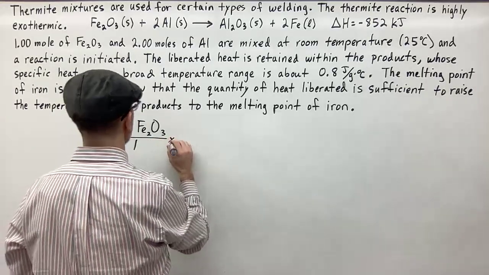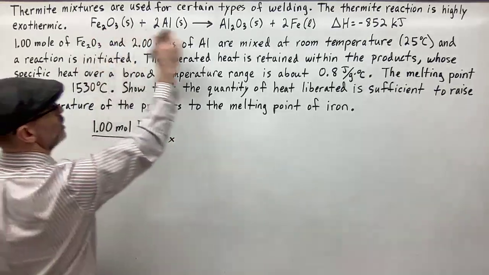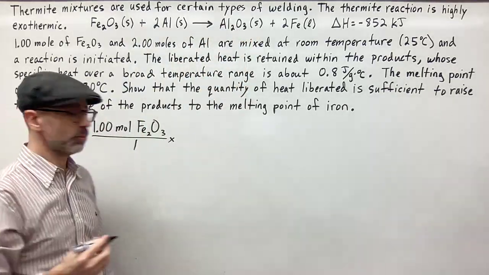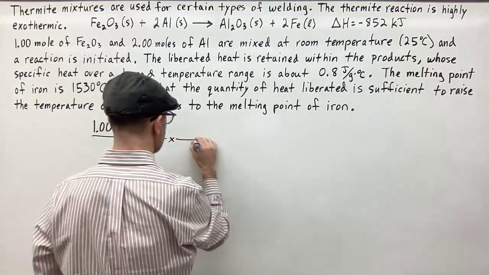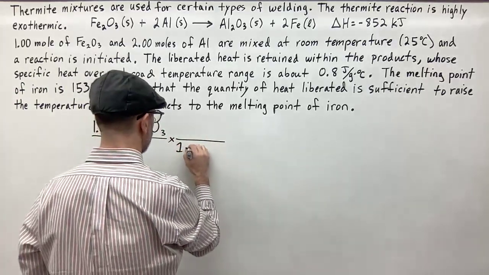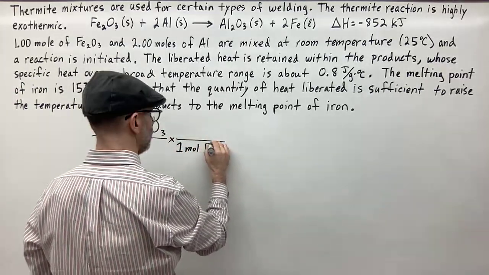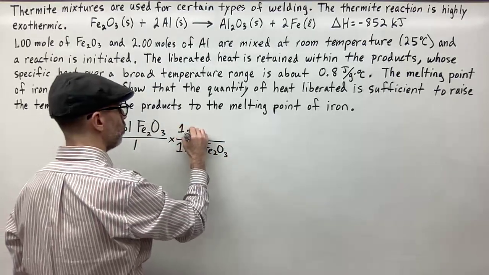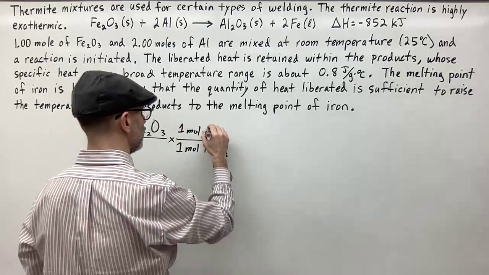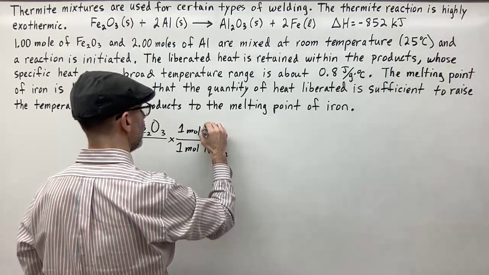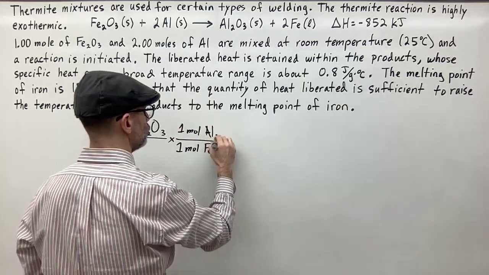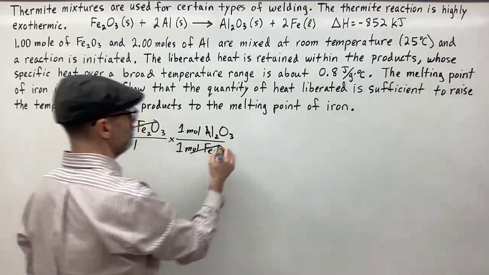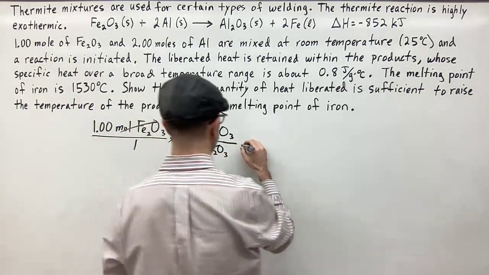Then we use the mole ratio, which is 1 to 1 for the aluminum oxide, Al2O3. So 1 mole of Fe2O3 on the bottom, 1 mole of Al2O3 on top. The moles cancel out, and then we can calculate the grams.